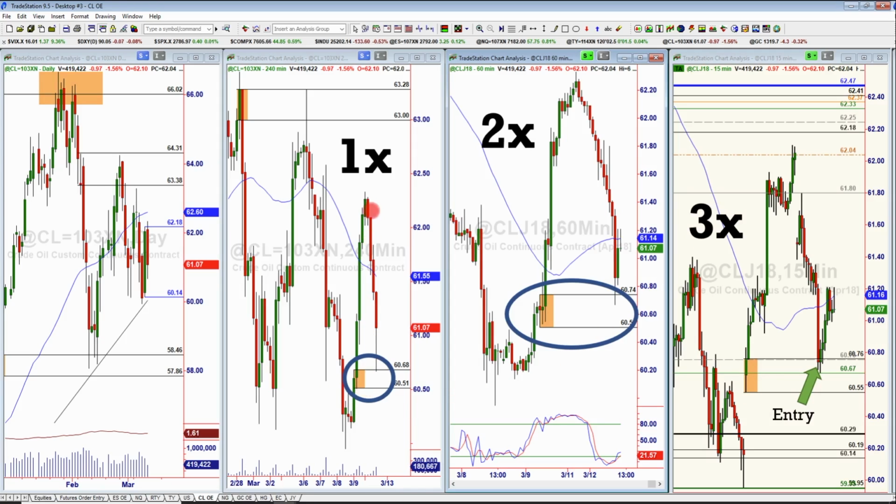This move from 60.50, 60.20 up to 62, you just can't ignore that type of move. And in that type of move, you're going to have the origin, or where it originated from. Where did the buyers step in and actually take the market up? And so we're able to identify that by going to the day session only chart, and we see that there was a 15-minute candle at the start of trading for crude oil.